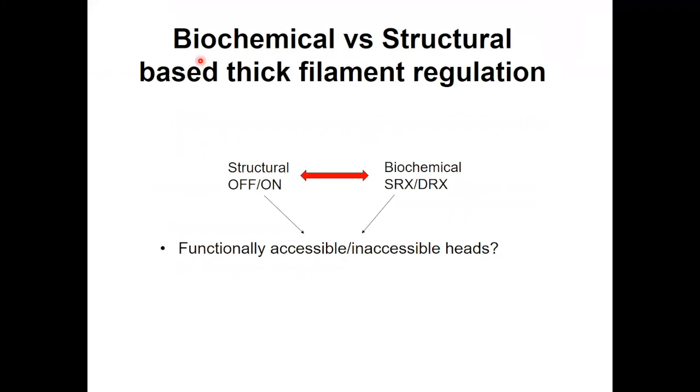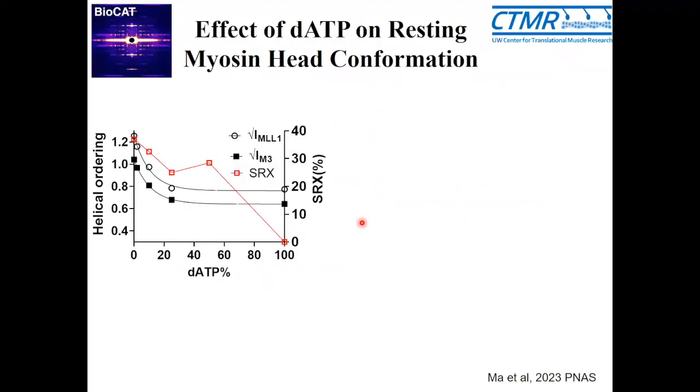So we look at this. Two previous publications show that biochemical and structure-based thick filament regulation seem to correlate well. Is it the structural on state or the biochemical SRX/DRX that determines the functionally accessible head? In a later study early this year, we used deoxy ATP as a perturbator to titrate from 0 to 100% to look at the structural change.